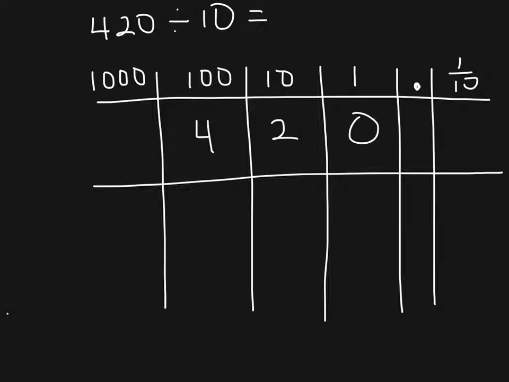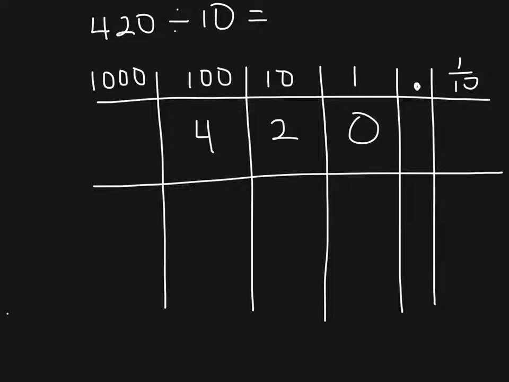I have to make sure I say that, because you're going to find in a few lessons that when we divide by a number that's less than 1, we actually get an answer that's larger than what we began with. But right now we're dividing by a whole number, so that means our answer is going to be smaller, where everything's going to move to the right to get smaller.